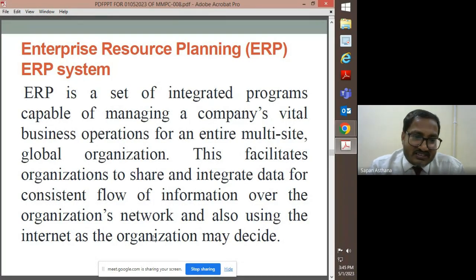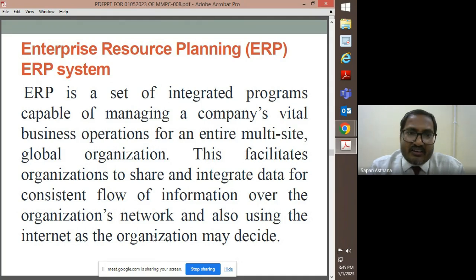This facilitates organizations to share and integrate data for a consistent flow of information over the organization's network, and also using the internet as the organization may decide.